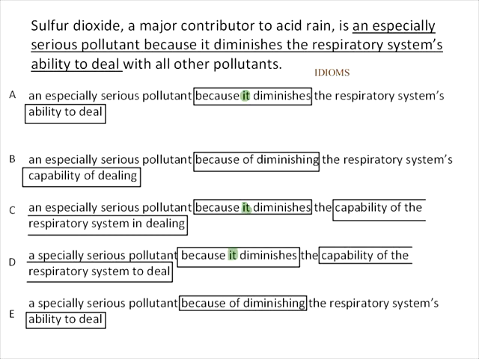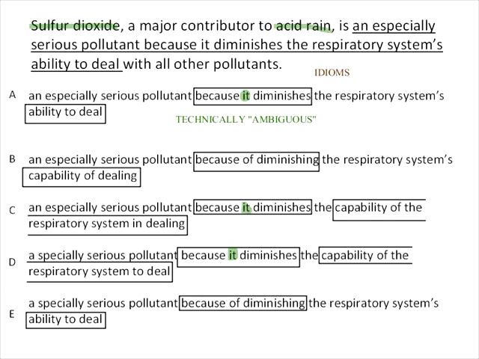Because technically, that's an ambiguous pronoun. Technically, this is an ambiguous pronoun because there are two possible antecedents that match it in number. Okay, we have sulfur dioxide and we have acid rain.